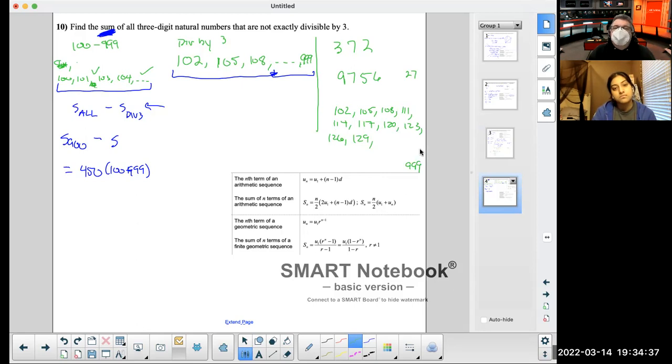Ends in 9. So this iteration is going to continue, right? It's going to continue because the next one is 132, which ends in 2.